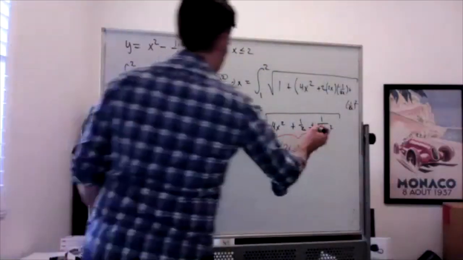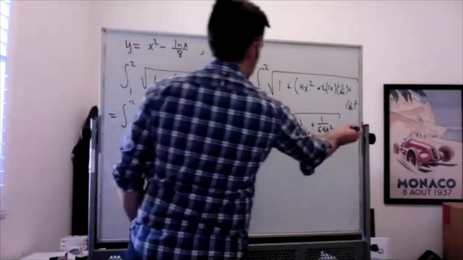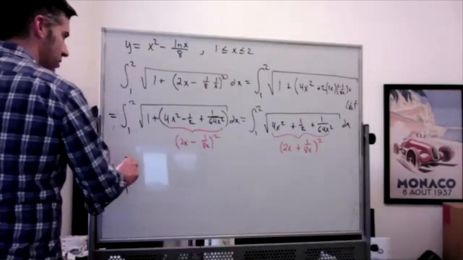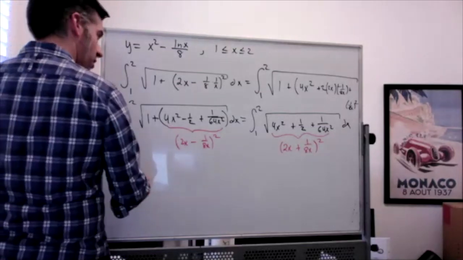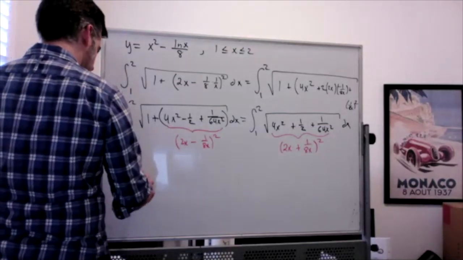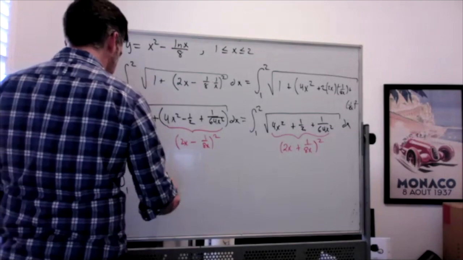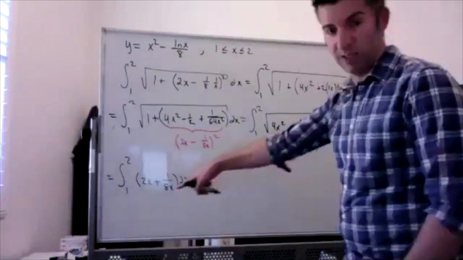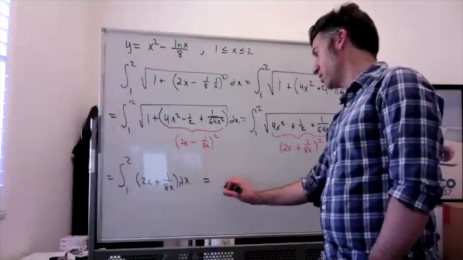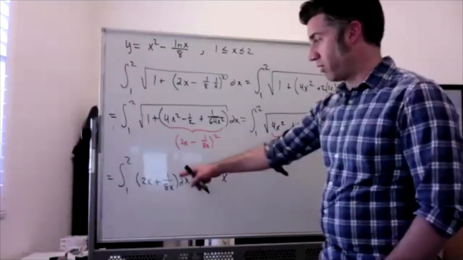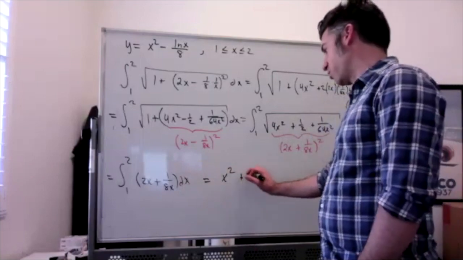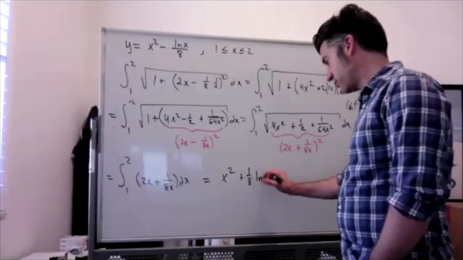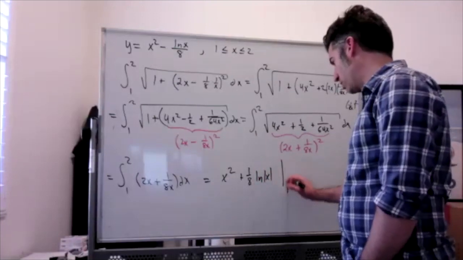Then the rest, don't forget your dx's, they're super important. So then we get the integral from 1 to 2 of 2x plus 1 over 8x dx. The square root of this squared is just that. And then that's going to be x squared. The integral of 1/8 times 1 over x is 1/8 the natural log of the absolute value of x, from 1 to 2.